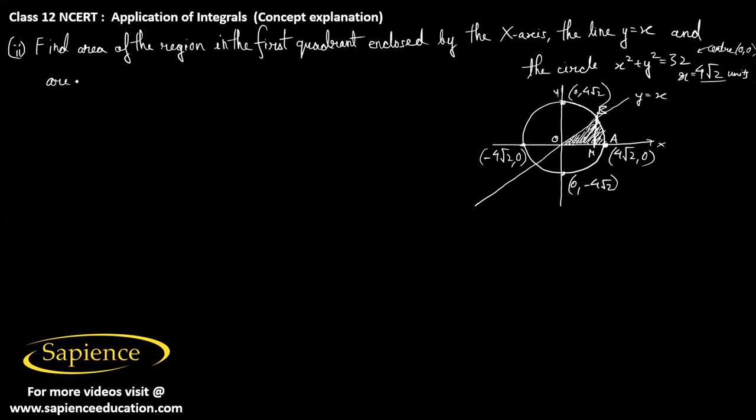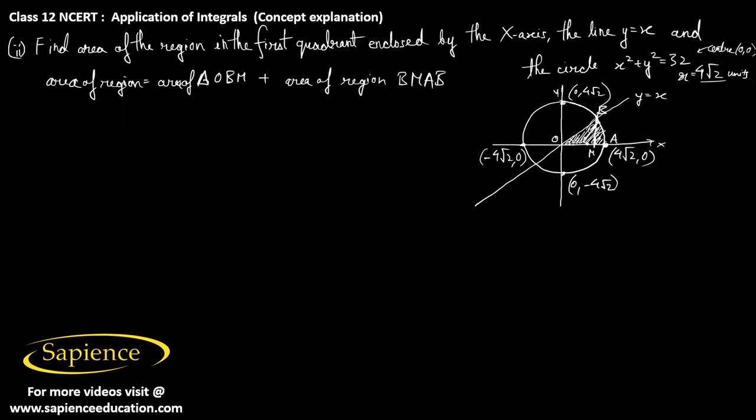So the area of the shaded region is equal to the area of the triangular part OBM, plus the area of the region BMAB.